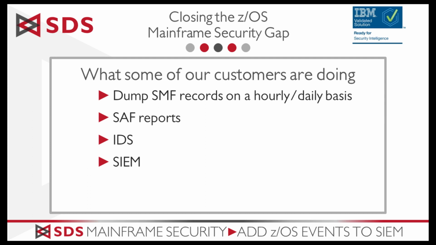So at night, when all of the SMF events have occurred, they will then dump the SMF information and send it off to their SIEM. That certainly might not be the most proactive way of doing things, especially if there's an event that is really important and you need to take immediate action on that event. This might not be the most elegant way or the best way for you to monitor these events.